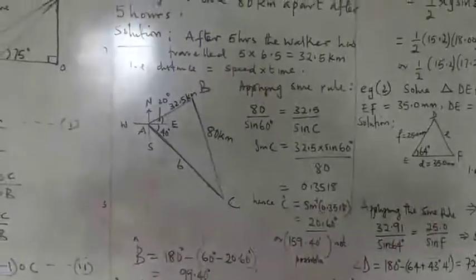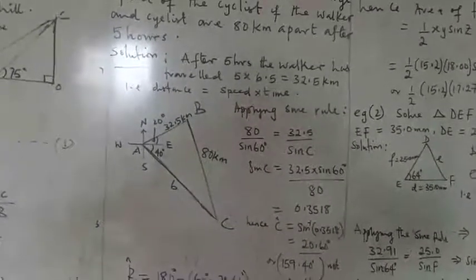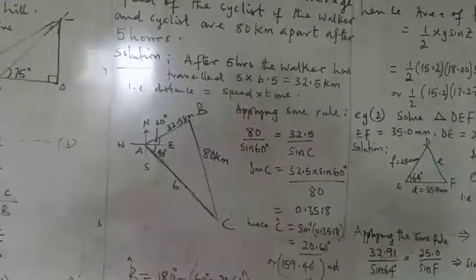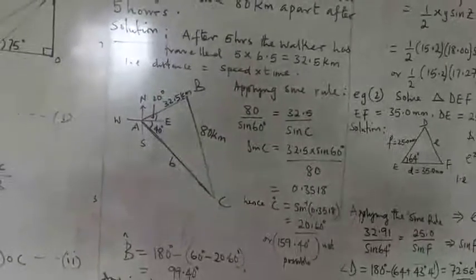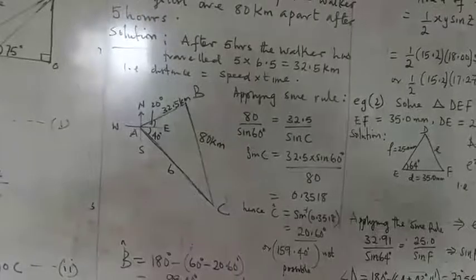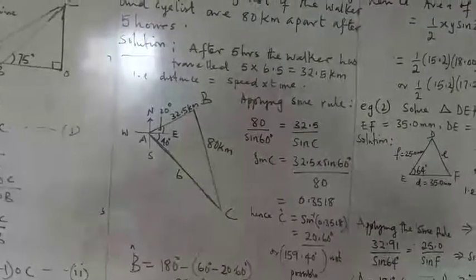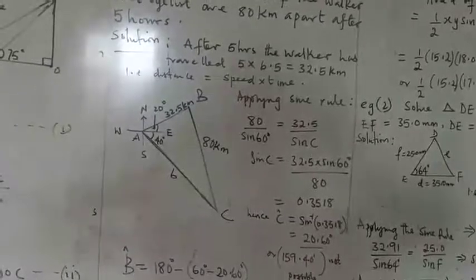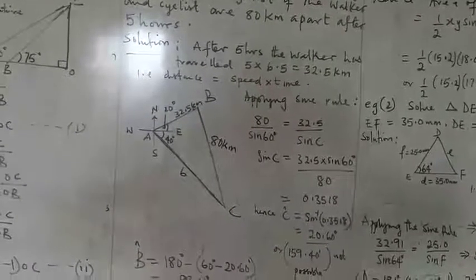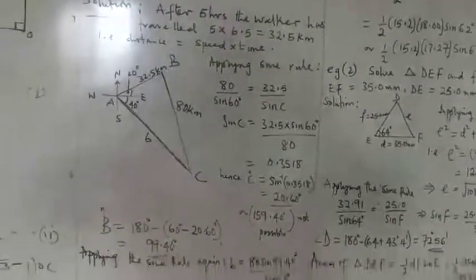Now the solution. After 5 hours, the walker has traveled 5 times 6.5, that is distance is speed times time, which is 32.5 km. Applying the sine rule, that's the diagram there, 80 over sine 60, that is small a over sine capital A. Capital A will be 40 plus 20 degrees, that's 60 degrees, equals small c, which is 32.5, divided by sine capital C. Making sine C the subject of the formula, I have 32.5 times sine 60 degrees divided by 80.